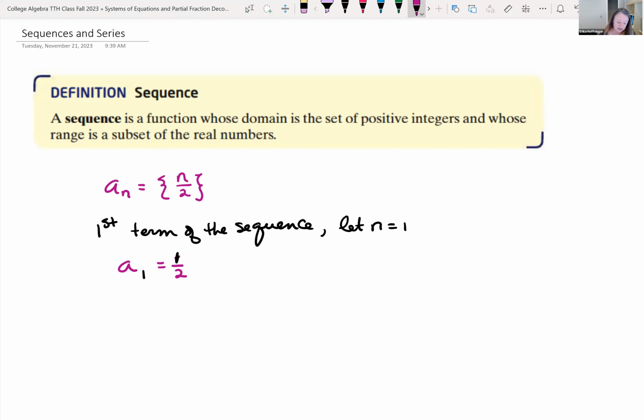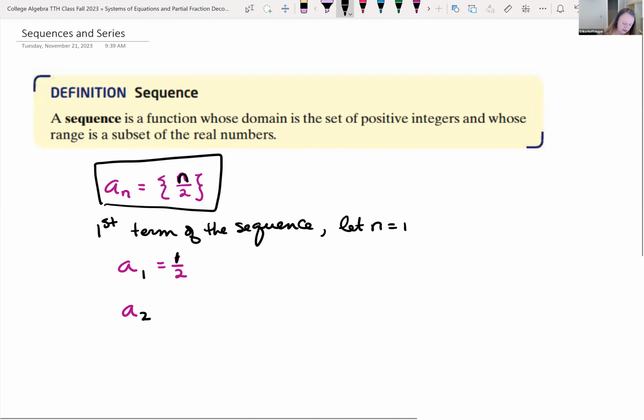So to find the second term of the sequence, I would look at a sub 2. So wherever I saw an n in the formula of a sub n, I'd plug in 2, and I'd get 2 divided by 2, which is 1. So continue on.